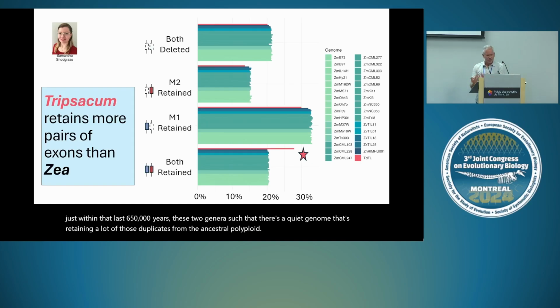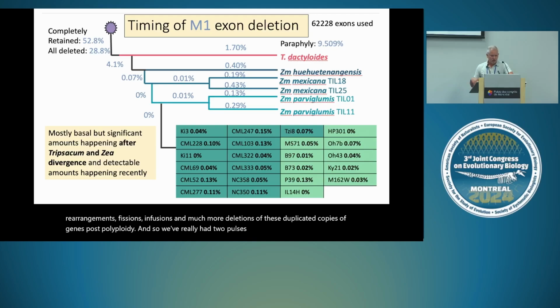And then there's this really active genome within the Zea species, where we've got complex rearrangements, fissions and fusions, and much more deletions of these duplicated copies of genes post-polyploidy. And so we've really had two pulses of deletions following this whole genome duplication.